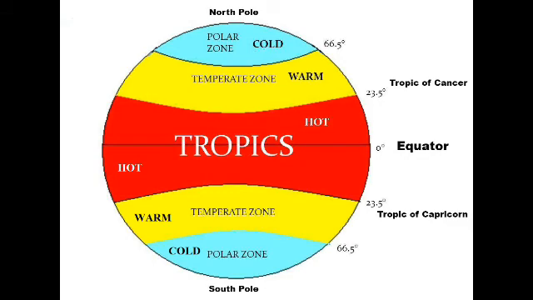And lastly, the area of the Arctic Circle and above up to the North Pole, and the Antarctic Circle and below towards the South Pole. These two regions are called polar zones, or frigid zones.